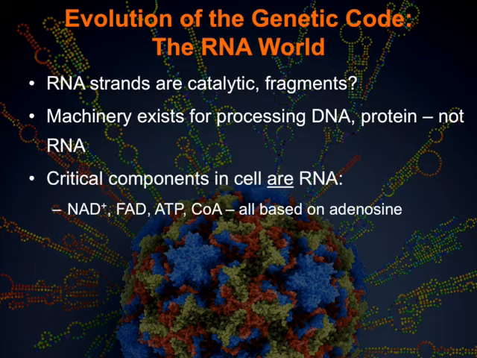On top of that, the critical components in the cell are RNA, or at least based on RNA. We showed how NAD, FAD, ATP, and CoA all have roots based on adenosine, the ribonucleotide adenosine. And so it seems that RNA is integrated into a lot of key functions in the cell.